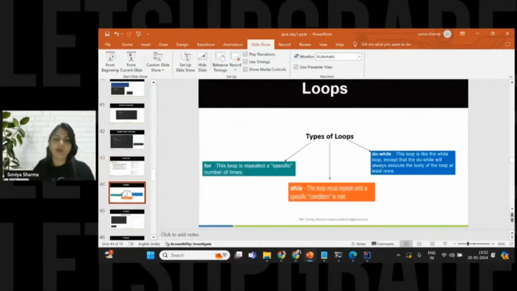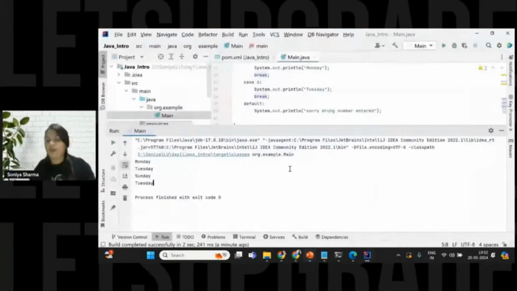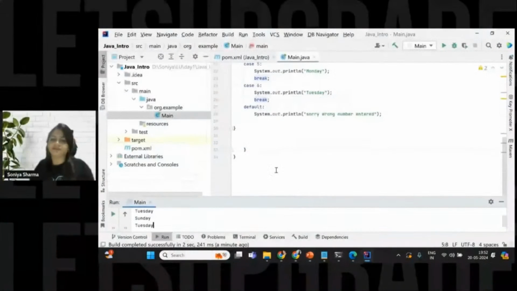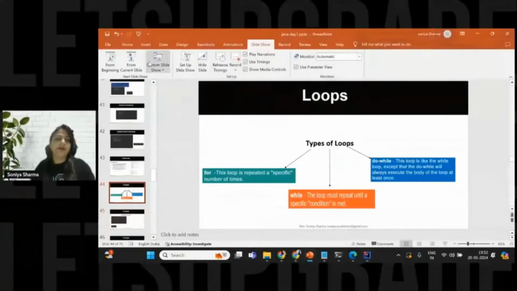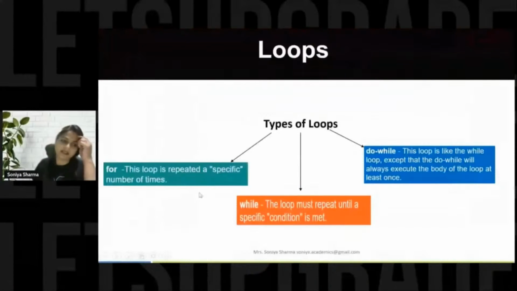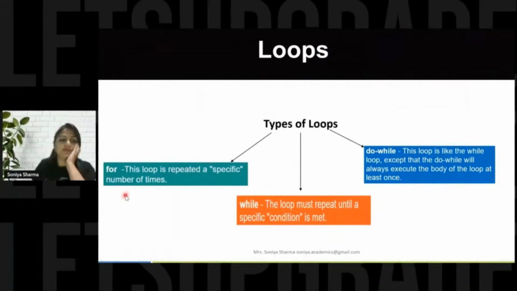Okay, let's go ahead. Loops, we have 3 types of loops: for loop, while loop, and do while loop. So now let's see here. This slide is important. See guys, when to use for loop and when to use while loop and do while loop. For is used when you have a specific number of times of repetition.